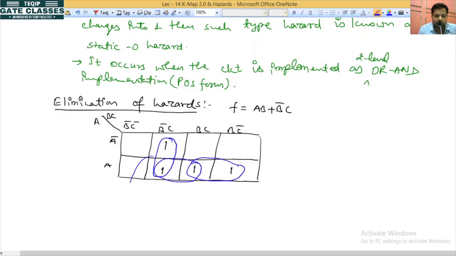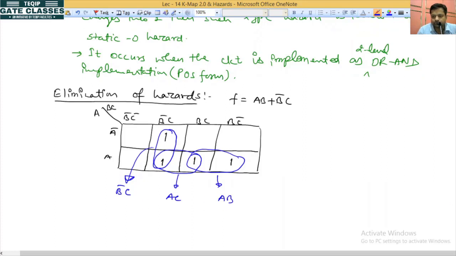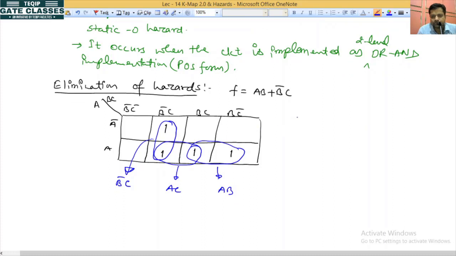If you write the expression for each group, for this group it will be B bar C. For this group it will be A from this side and C from above, so AC, and for this it will be AB. Suppose we have a circuit like this: it is AB.